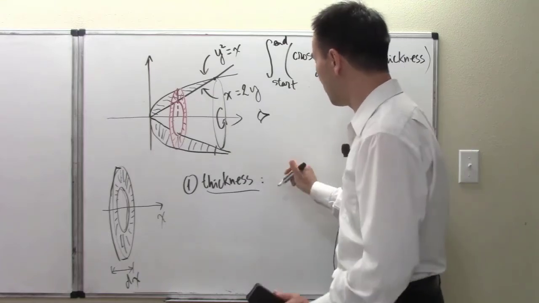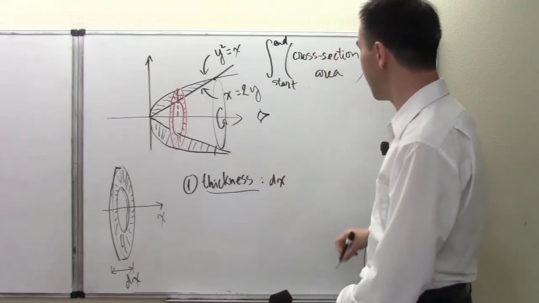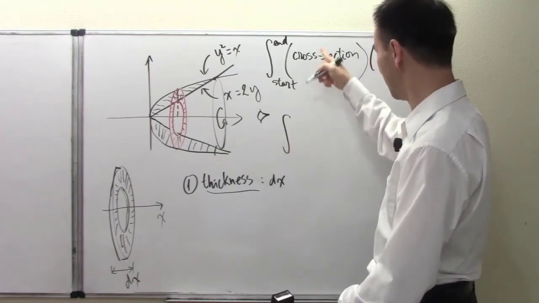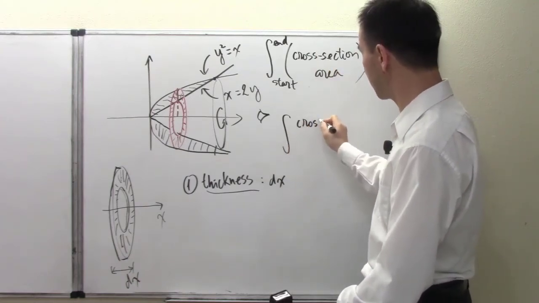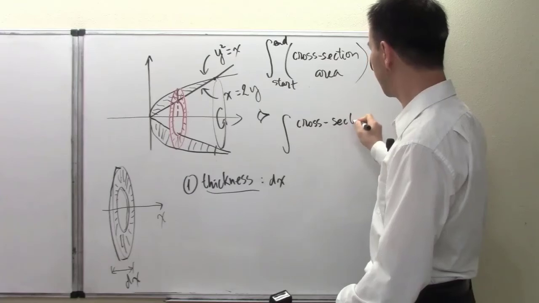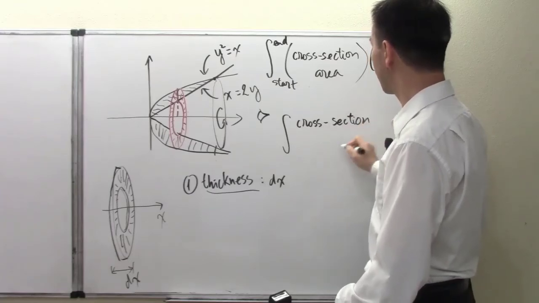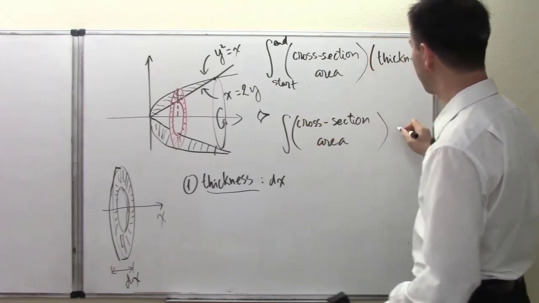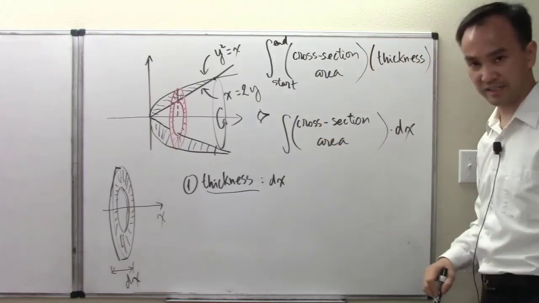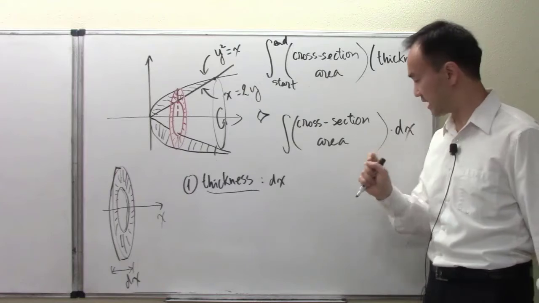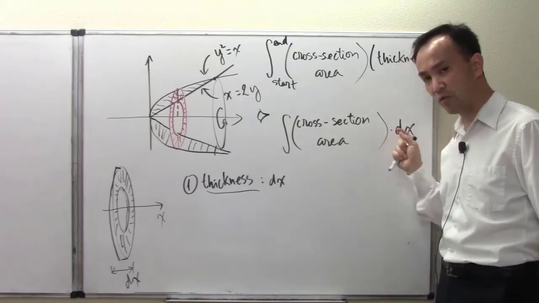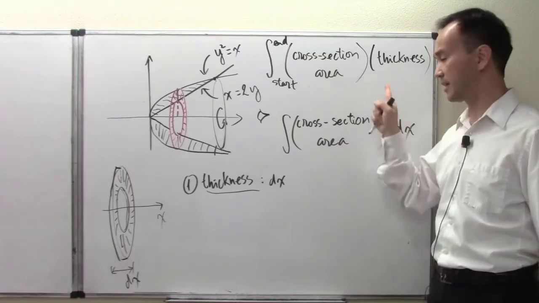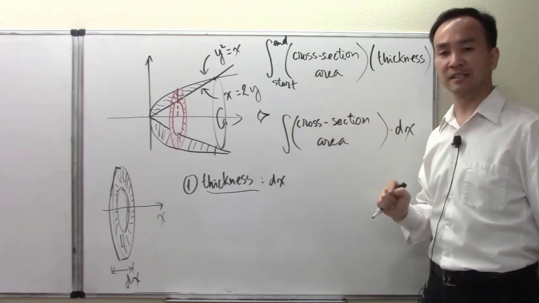Once the thickness is realized to be dx, we immediately can revise our integral. The cross-section area, we haven't found that yet, so let's leave it there for now. The thickness is dx, and this dx will become the differential expression inside of our integral problem.